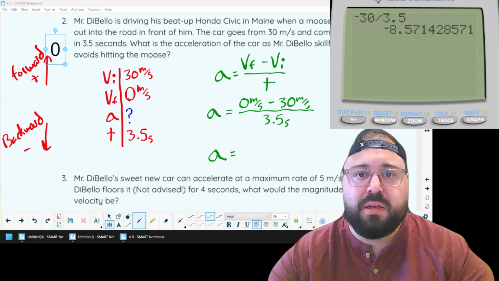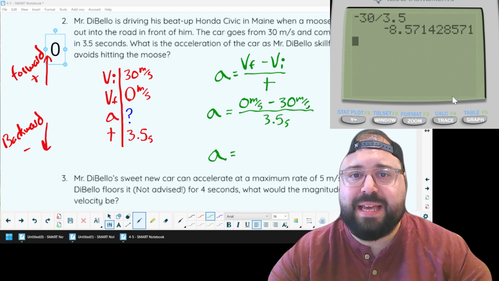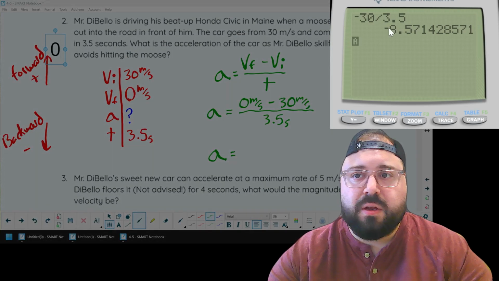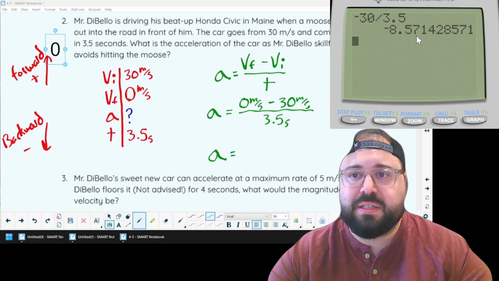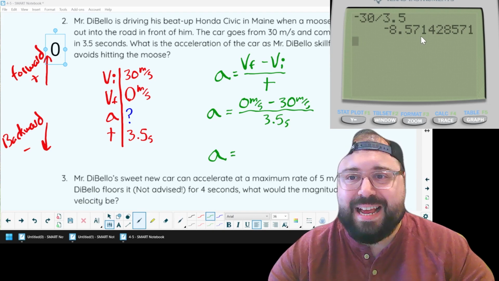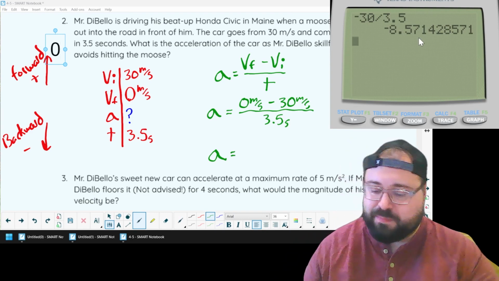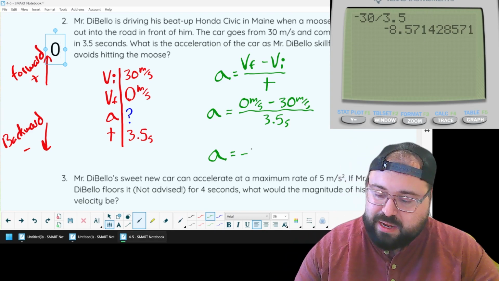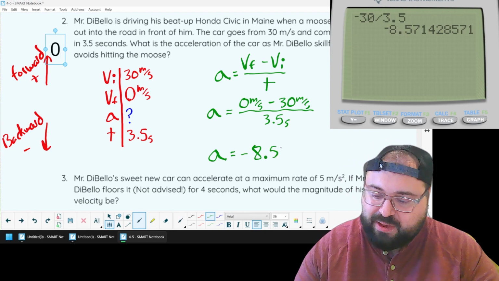I'm also going to show you how I'm going to round. I'm going to take the first 3 digits of this number. So I want that 8.57. But before I write that down, I'm going to look at the next digit, that 1. That 1 does not round the 7 up. So I'm going to take that negative 8.57.